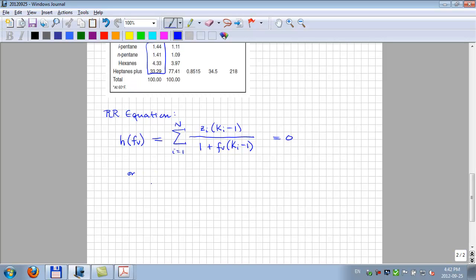Or we can solve the Muskat-McDowell equation, which was Zi over Ci plus f of v, where Ci is equal to 1 over Ki minus 1, but Ci is equal to 0 if Ki is equal to 1.